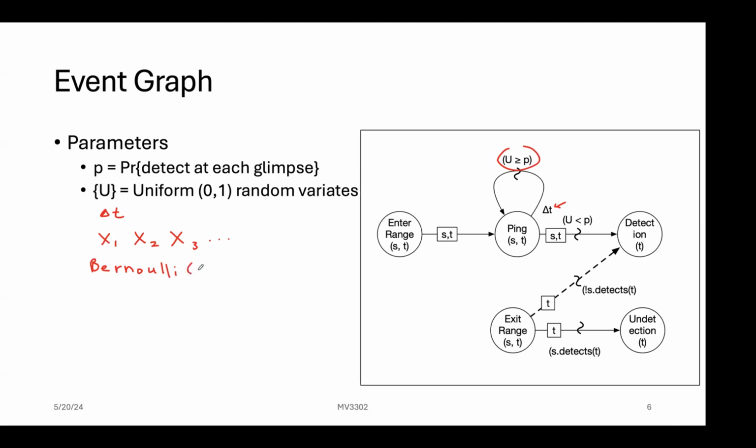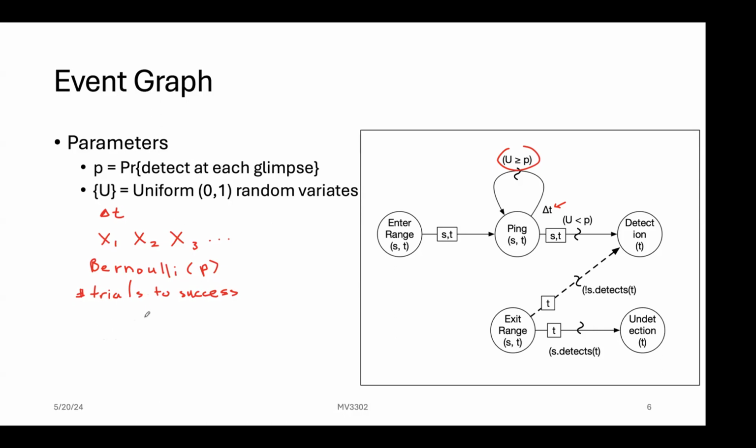This is a Bernoulli random variable whose parameter is p, and this is a well-known thing. One of the derived random variables for this is the number of trials to success, which has a name too.